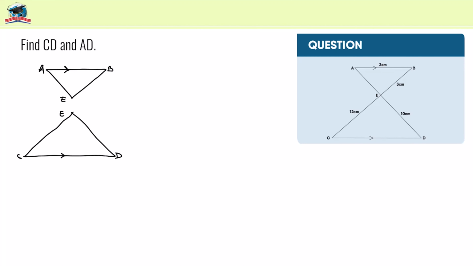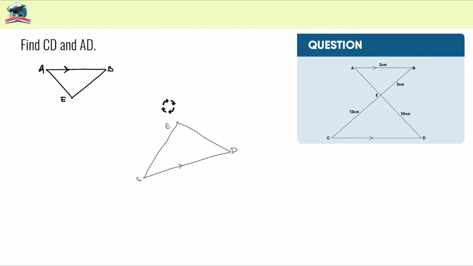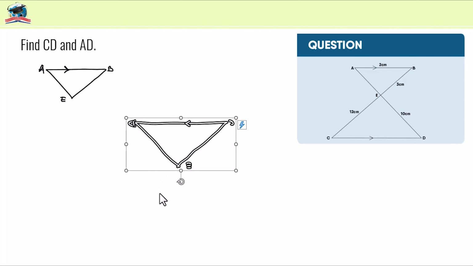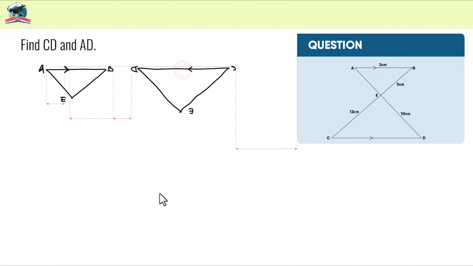Now, to make them really look similar, we've got to do something else. We're going to take this one here and then we're going to turn it. Beautiful. I'm going to move it. Excellent. Now let's change these letters.